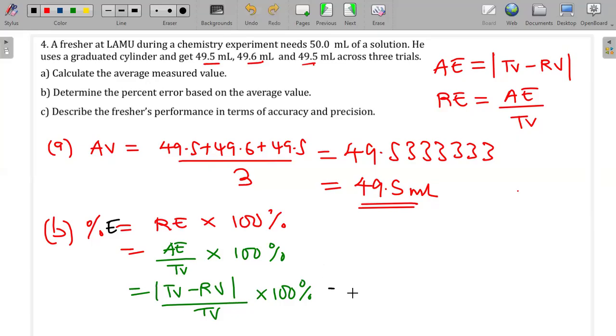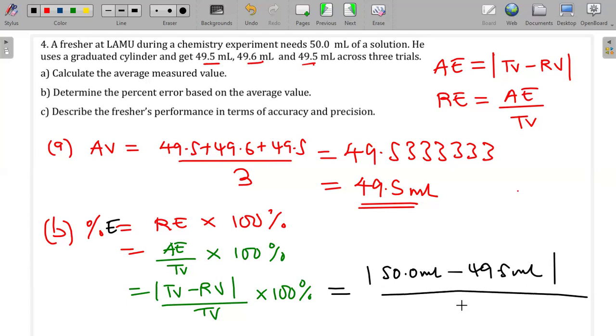The true value is 50.0 milliliters minus the recorded value. They've said we should use the average, which is 49.5 milliliters, divided by the true value, 50.0 milliliters.